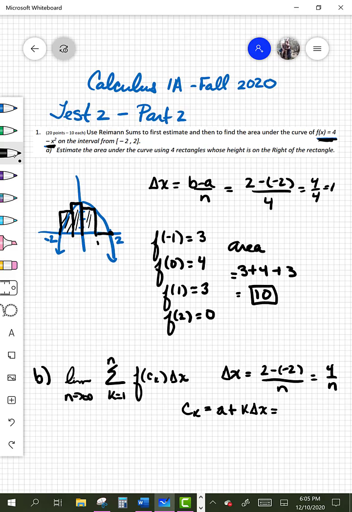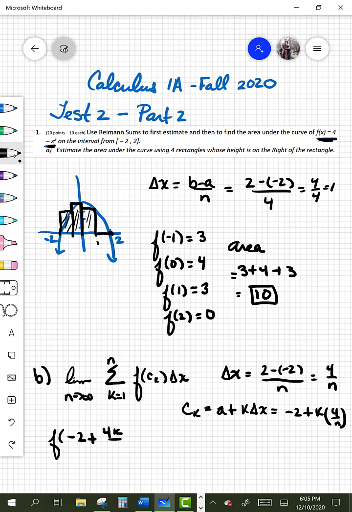Well, a in our case is -2 plus k times delta x, which we just found above, which is 4 over n. We want to look at what is f of c sub k. So what is f of -2 plus 4k all over n?